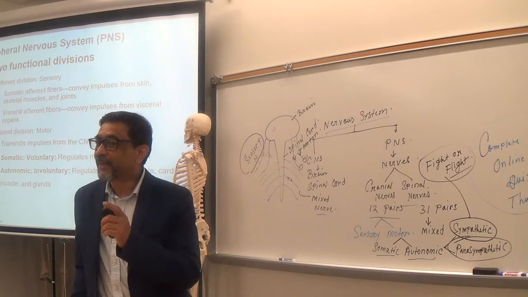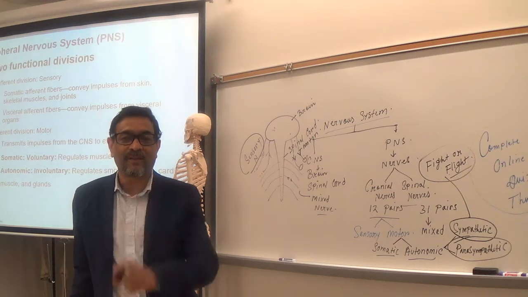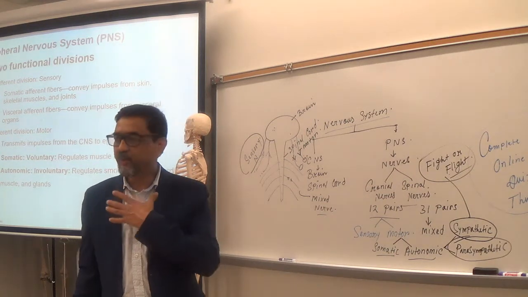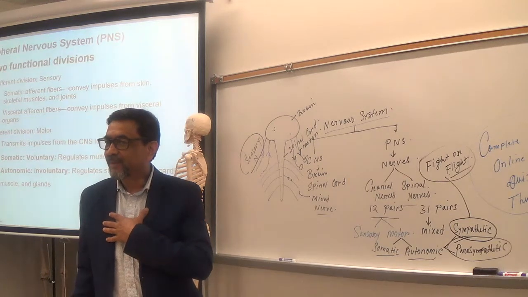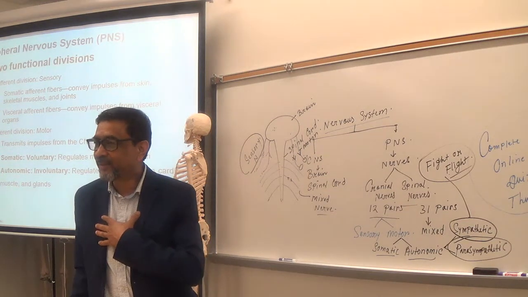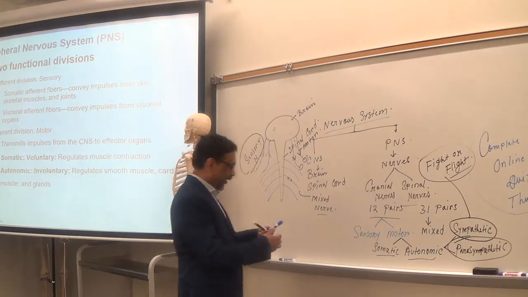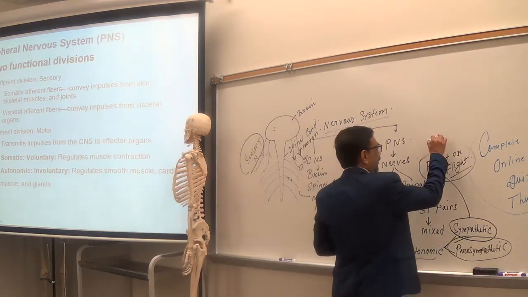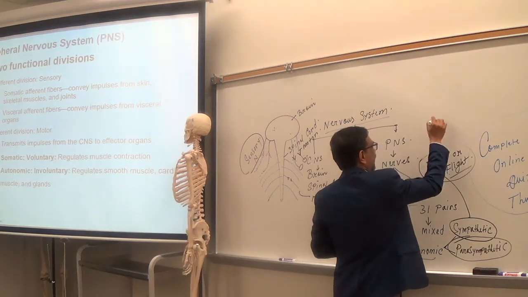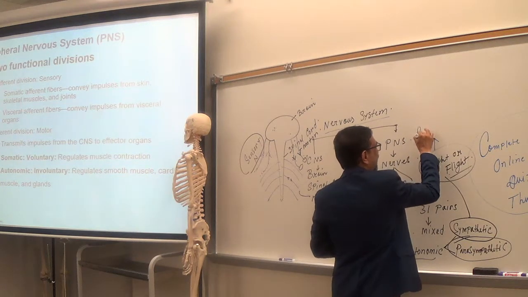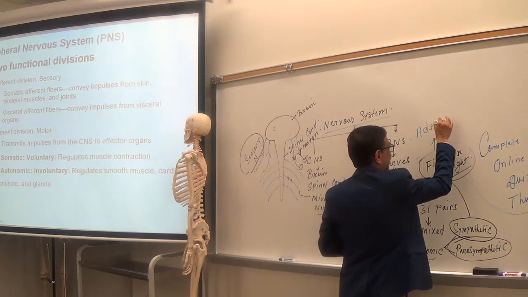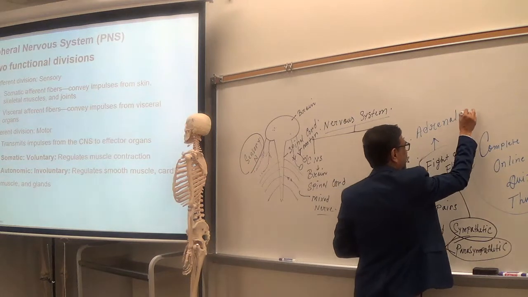So when sympathetic activation occurs, a chemical is released into your body. Adrenaline. Have you heard that? So sympathetic activation causes the release of what? Adrenaline.